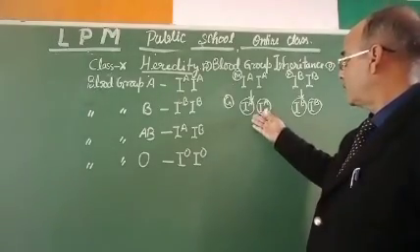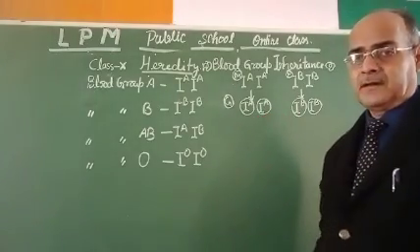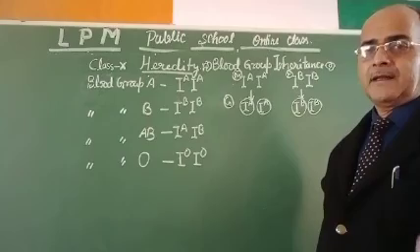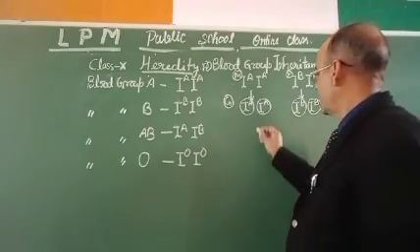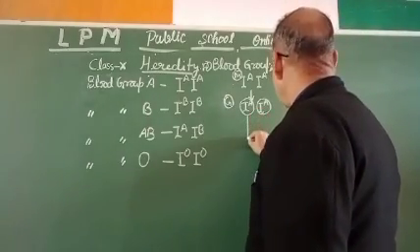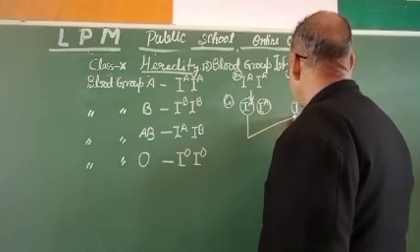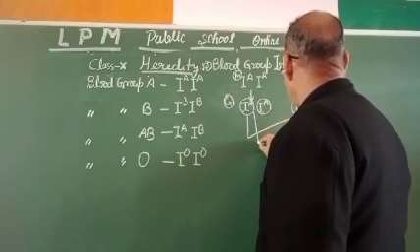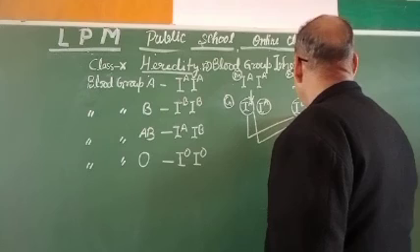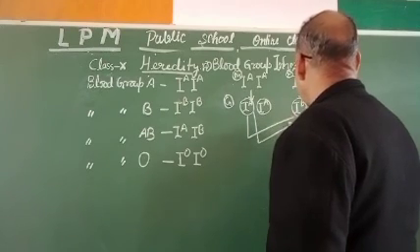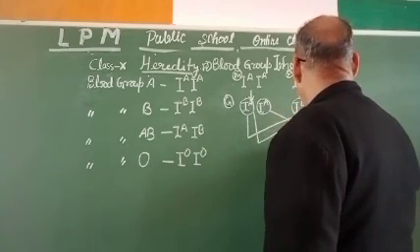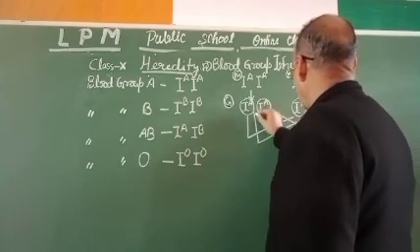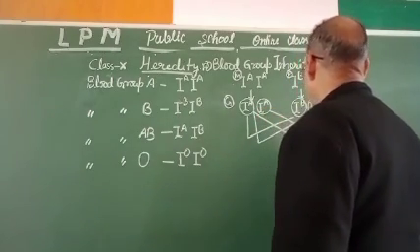They have their own purity, and they are free to assort with any of the opposite gametes. So this I A can combine with this, and this I A again can combine with this, and this B can combine with this, and again this B can combine with this.